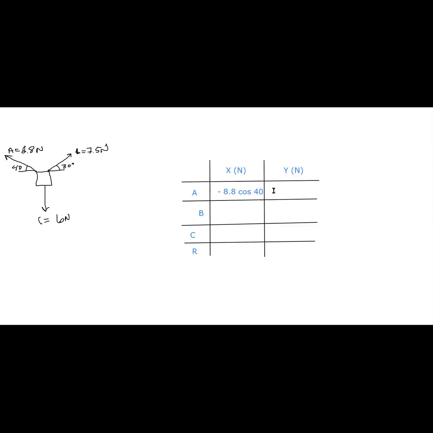And in the Y, we want to have positive 8.8 sine of 40. B, Bx is positive 7.5 cosine 30. And By is 7.5 sine of 30. Cx is 0. And Cy is negative 6.